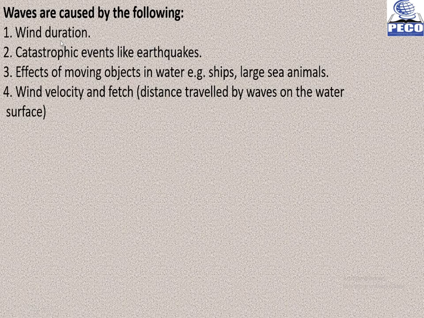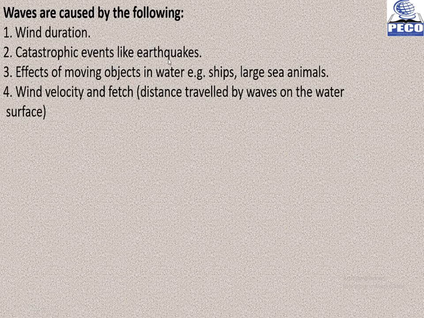So the more time the wind takes blowing against the water, the faster or the higher the velocity of the wave. So you'll have a much higher up and down movement of the surface of the water because of the duration of the wind.